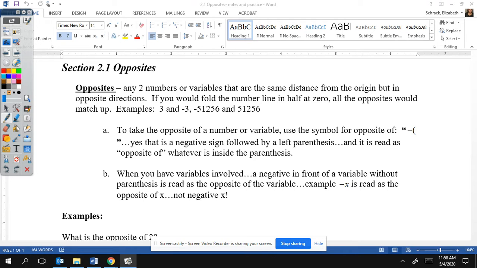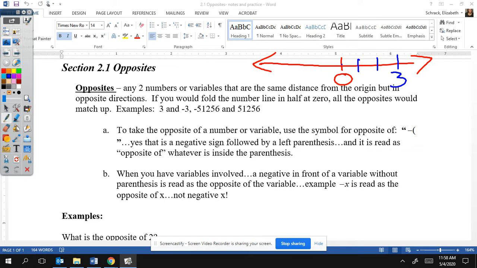So I'm going to give you an example. If this is a number line and here is 0 on the number line, if we want to find the opposite of positive 3, we're going to go in the other direction from 0.